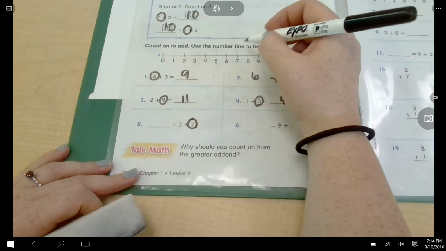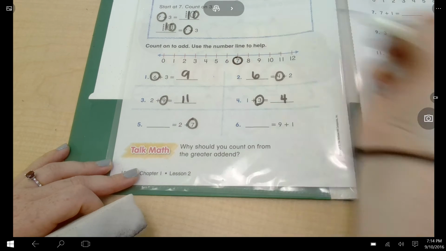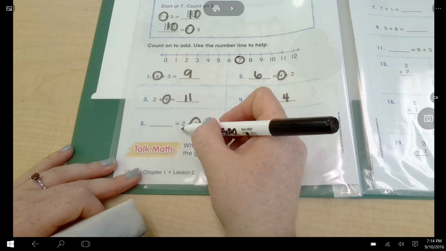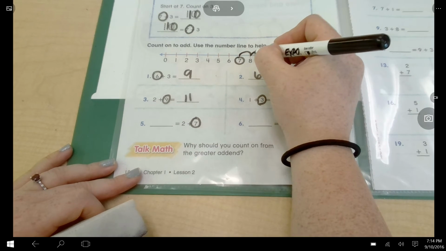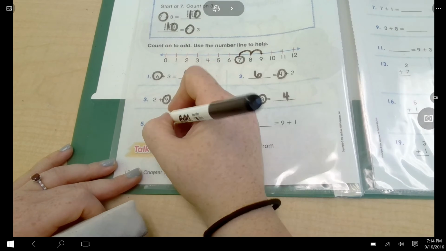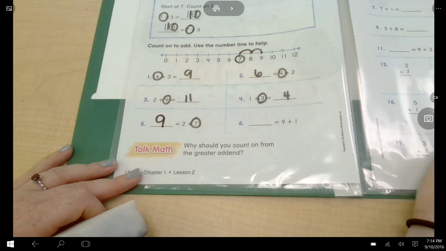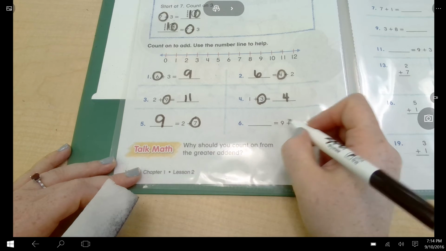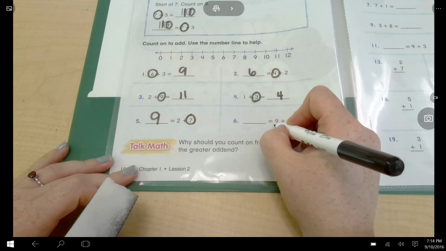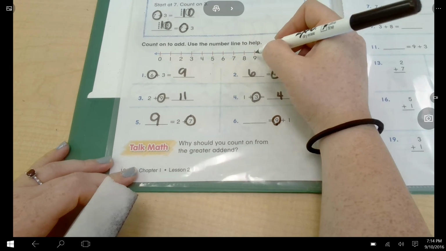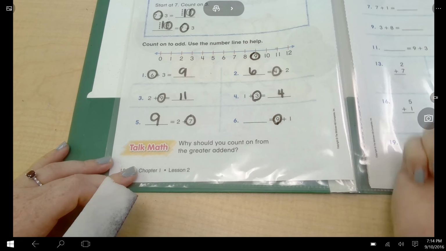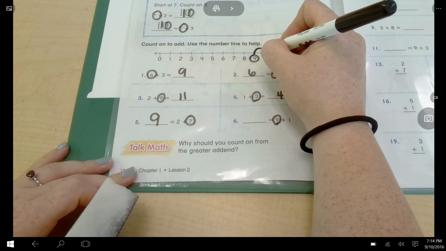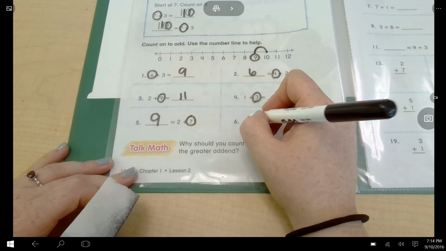Go up to the number line, circle the 7, then add on 2. 1, 2. My sum is 9. Circle the bigger addend, 9. Go up to my number line, circle the same number. Count on 1. My sum is 10.